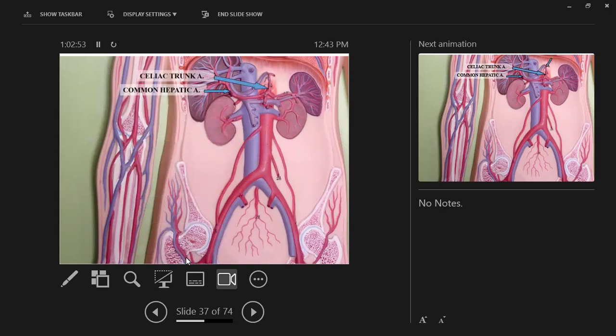There is the celiac trunk supplying blood to the stomach. We have the gastric artery right there. We have the splenic artery there going to the spleen. That's the superior mesenteric artery.